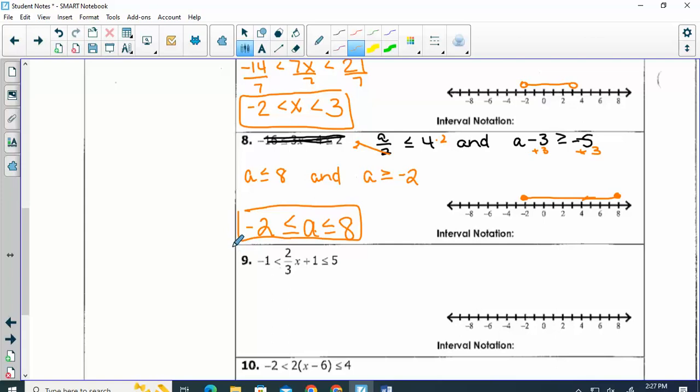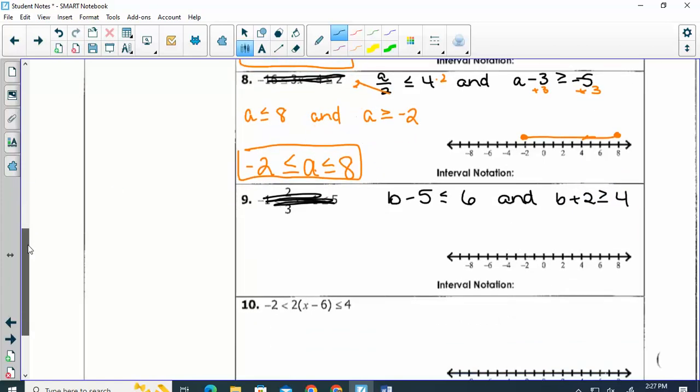Is that one okay? Why don't we try, let's make this one, I want you guys to try to solve that one.